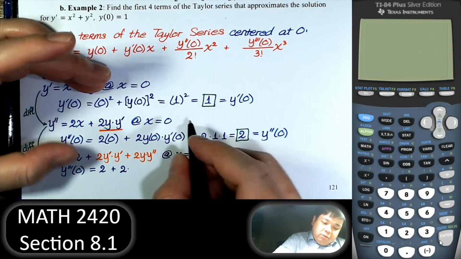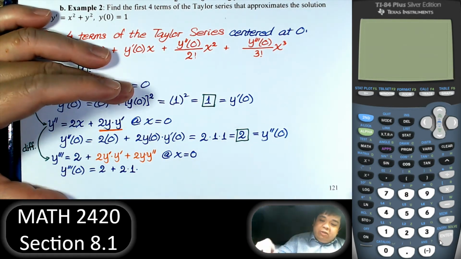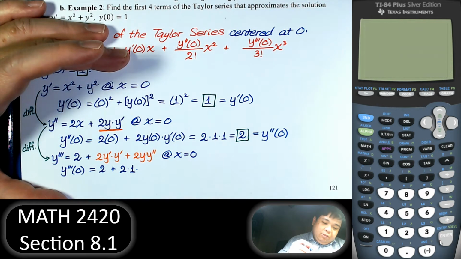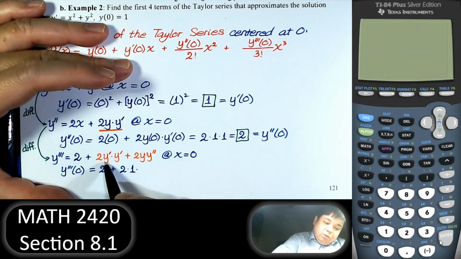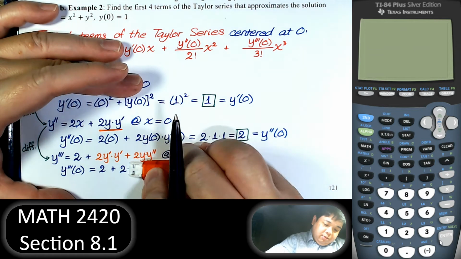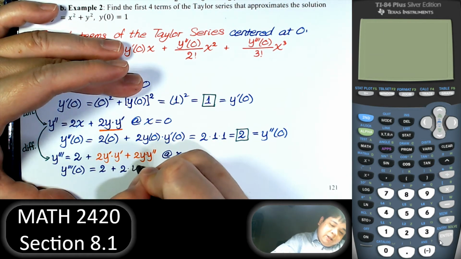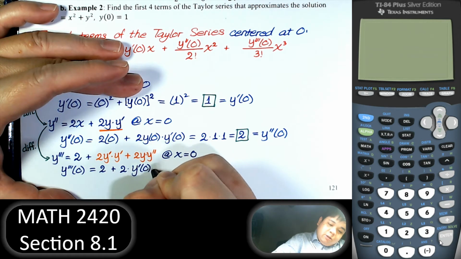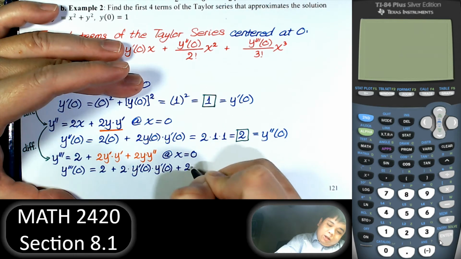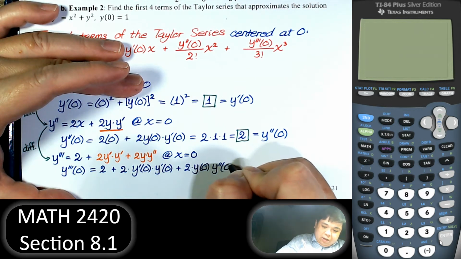What is y prime? It's 1. Let's just put in the 0 first, and then the derivative is 0, right? That's better. 2 times the function at 0, second derivative at 0.